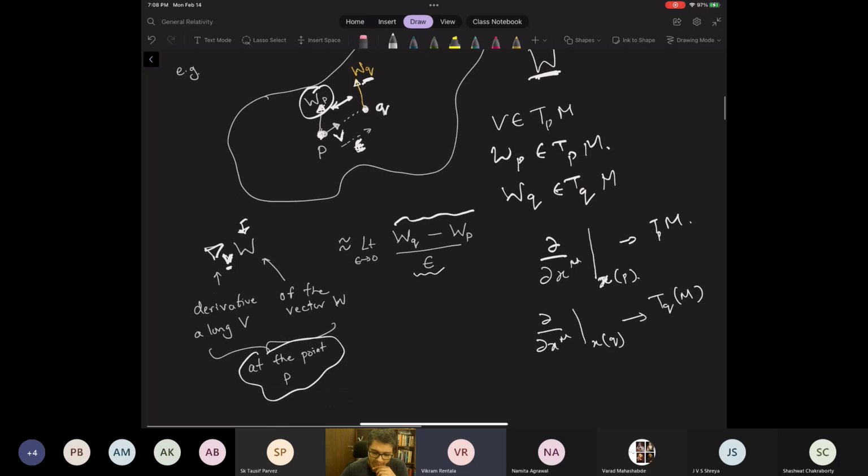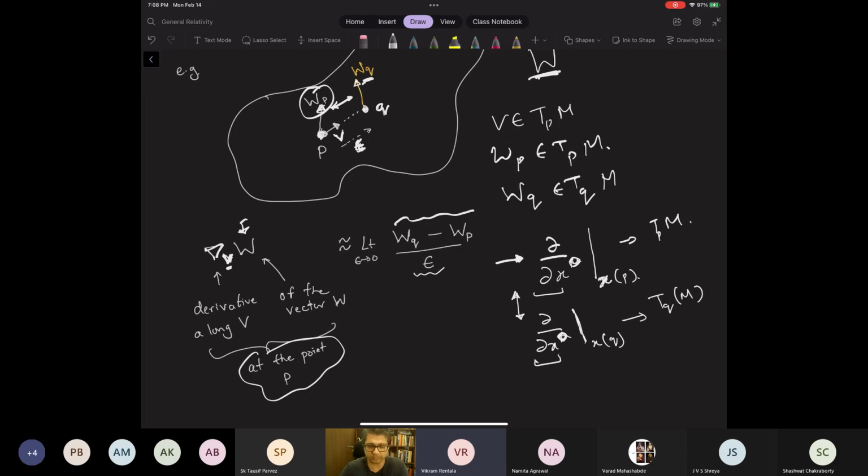So a priori, there is no obvious relationship between, say, the x0 basis vector here and the x0 basis vector there. They're evaluated at different points. These derivative operators act differently, because each is a derivative at a different point. So there's no obvious way in which you can relate these two things.